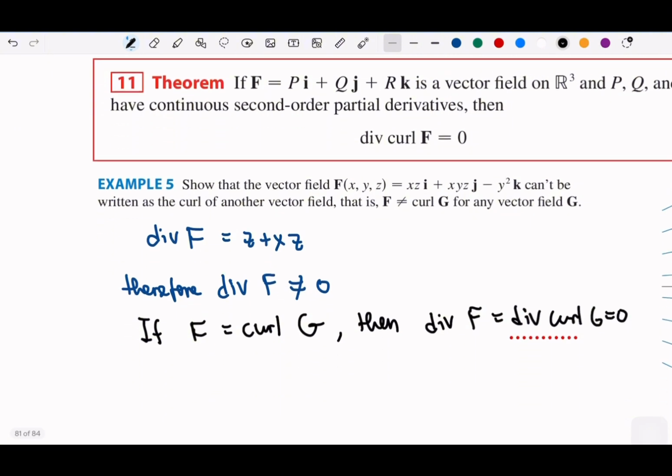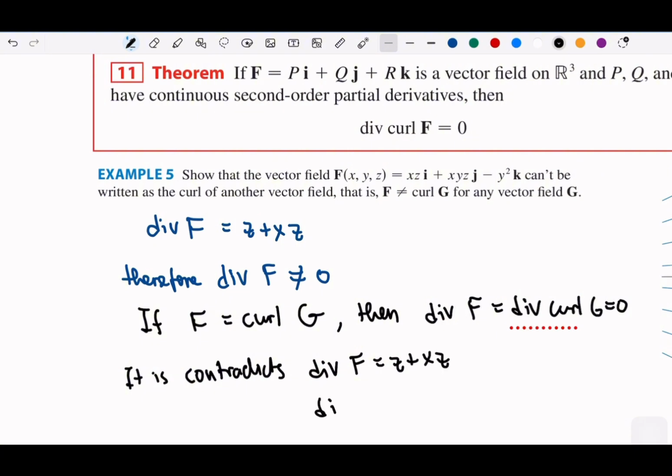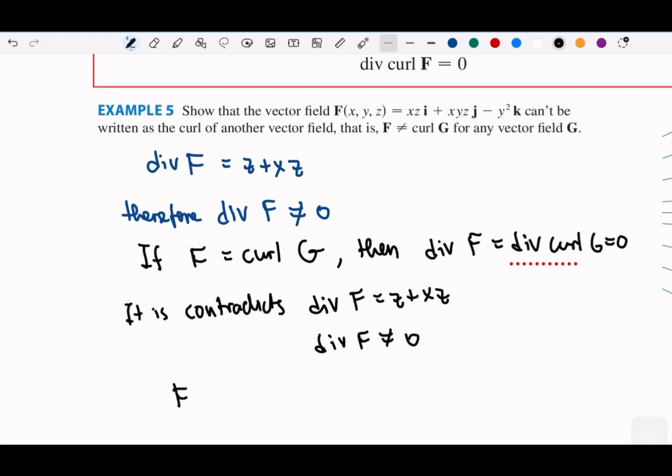So this contradicts that div F is z plus xz, or div F is not 0. Therefore F is not the curl of another vector field.